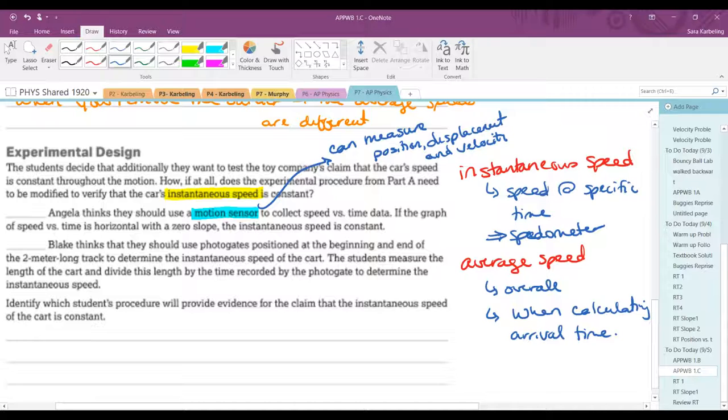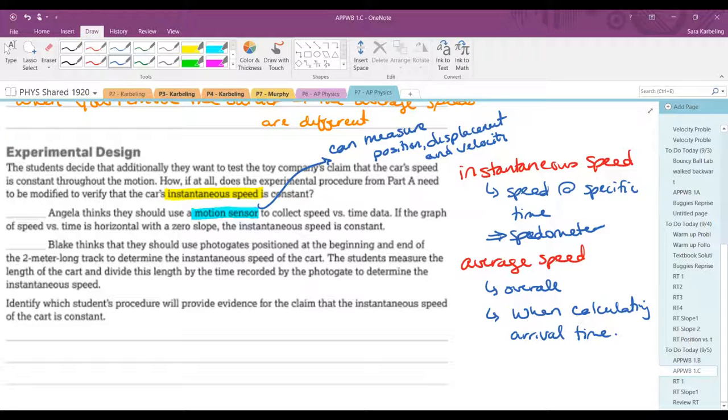Much like a bat or a dolphin. It uses sonar to do that. Okay? So Angela thinks that she can use this to graph the speed versus time. And if that graph is horizontal with a 0 slope, then the instantaneous speed is constant.